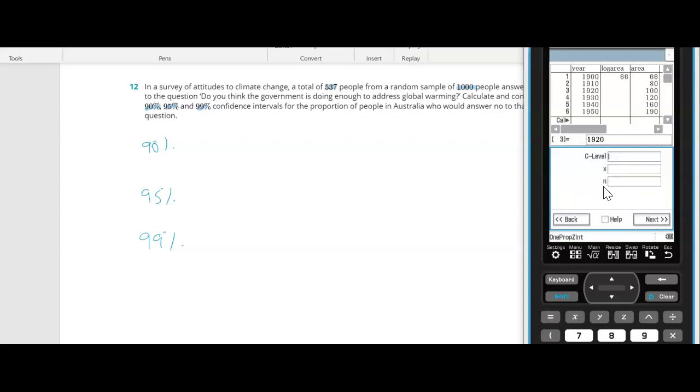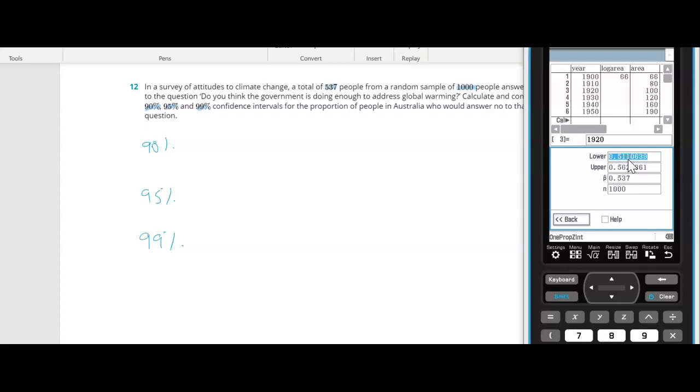All right, so the confidence interval for the first one is C level 0.9. X is 537. And n is 1,000. So you'll be given p hat here, so you could substitute that straight into your formula for the confidence interval. But you can see your answer there as well.